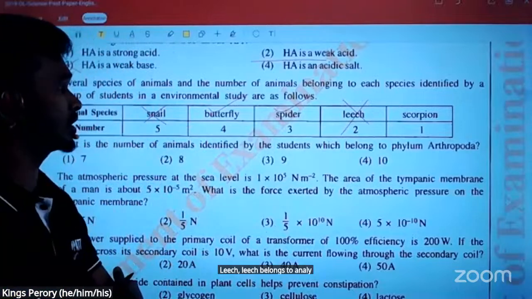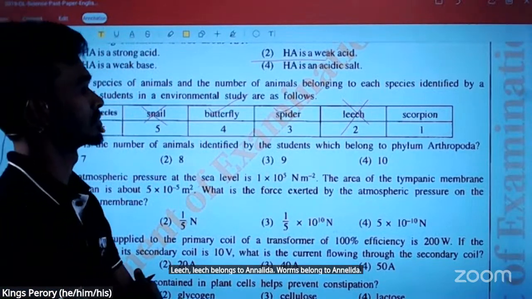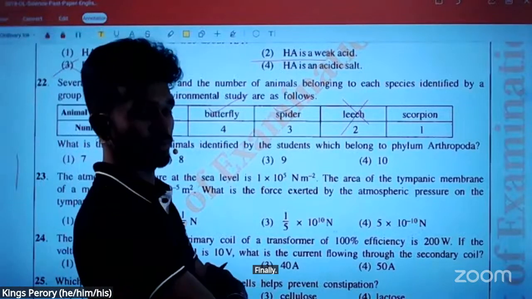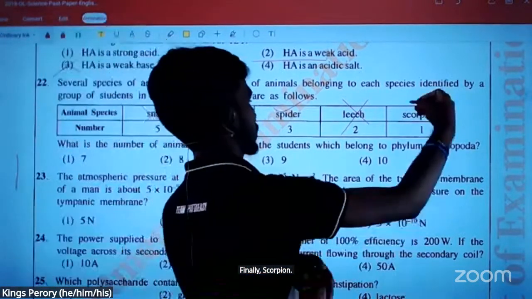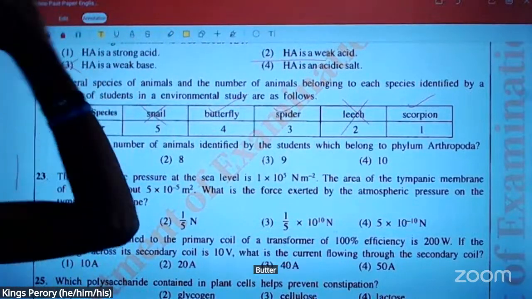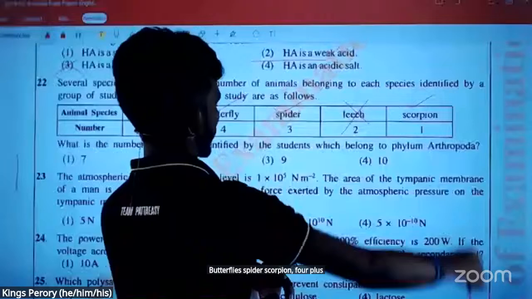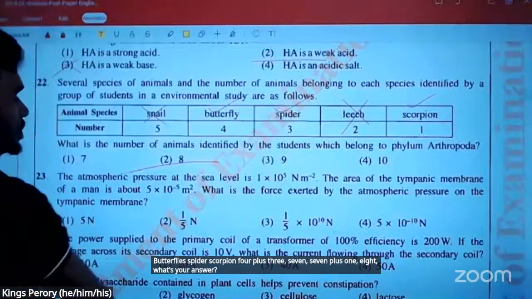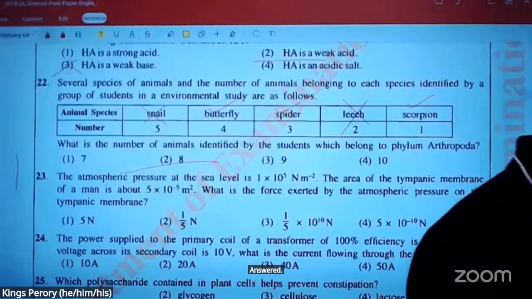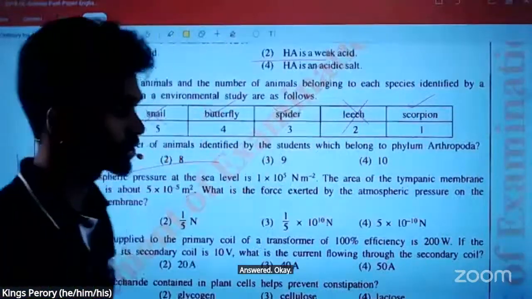Worms belong to Annelida. Finally, scorpion. Yes, arthropod. Butterfly, spider, scorpion. 4 plus 3, 7. 7 plus 1, 8. What's your answer?